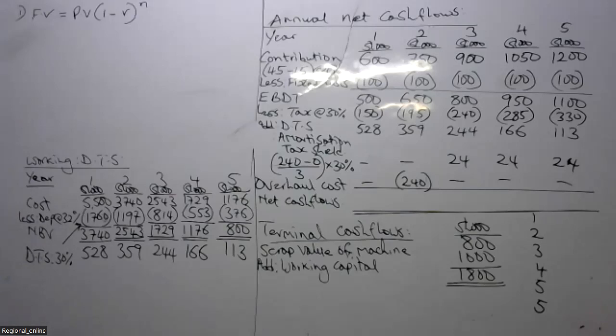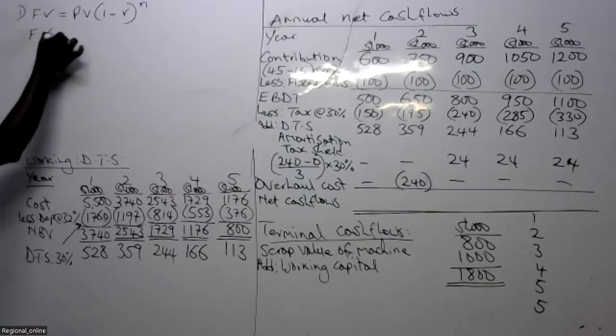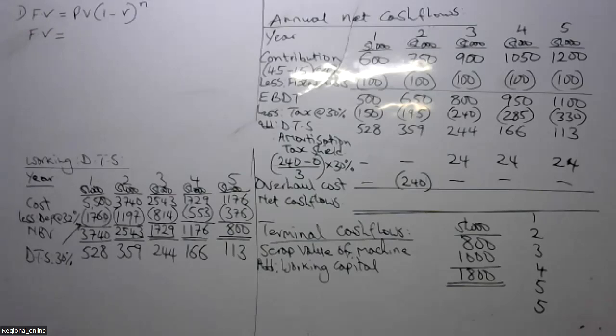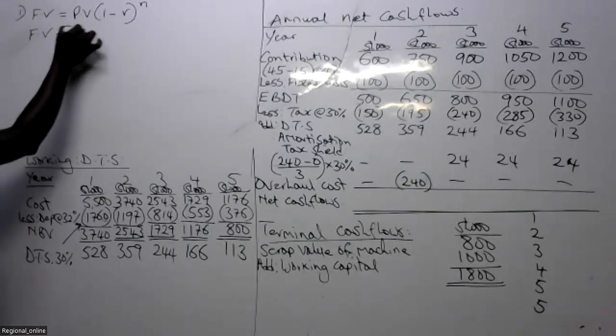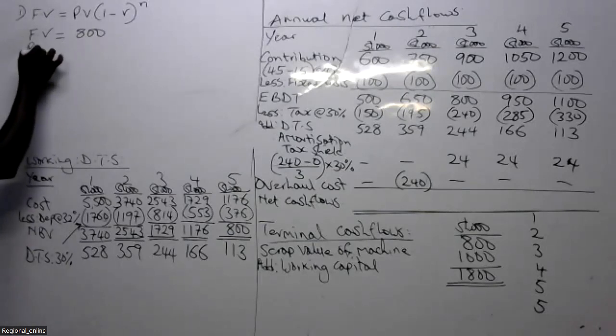What is the present value of that asset? What is the future value, after the 4 years, what will be the value of that machine? 800. So the future value is 800. What is the present value?